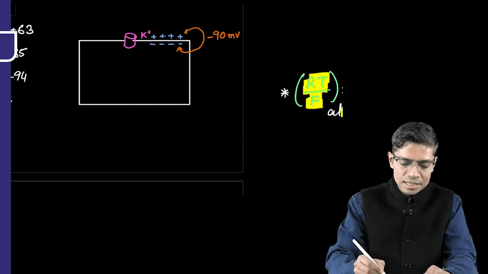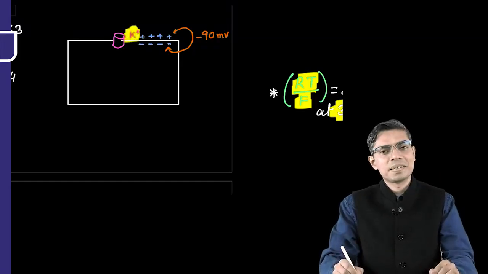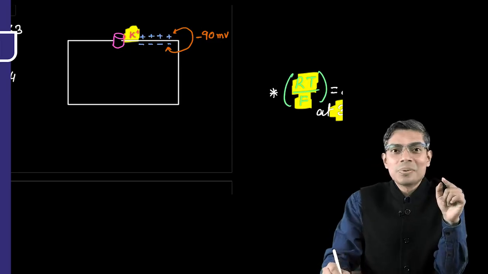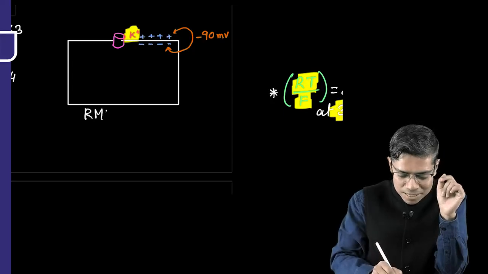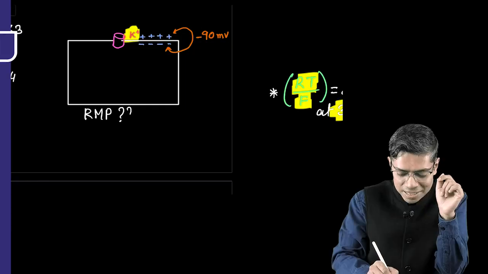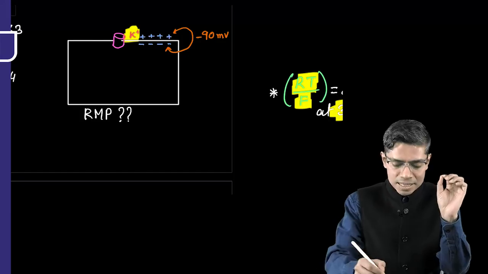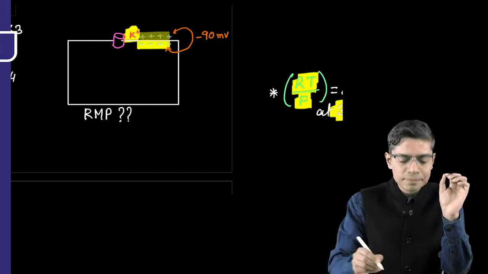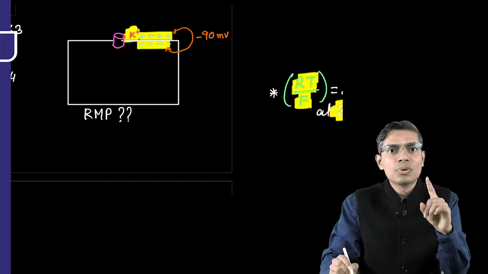Where is this minus 90 coming from? Minus 90 is the equilibrium potential of potassium. Now, if I ask you, what is the resting membrane potential of this glial cell? So, what is resting membrane potential? Resting membrane potential is the potential difference across the cell membrane between inside with respect to outside in resting condition, and we know resting condition is nothing but the equilibrium condition of the cell.